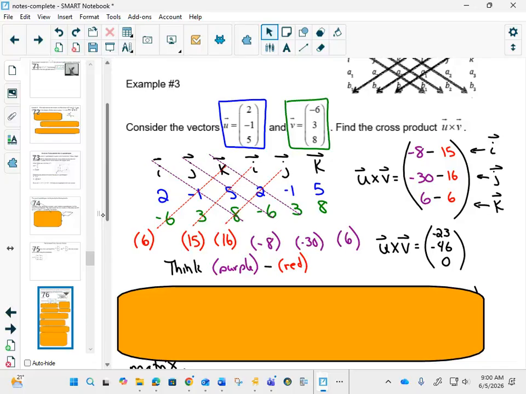And if you did the dot product with both of those vectors and this new vector, you would get 0 both times. Now this isn't a unit vector. If we found out the length of this, we could write that length out in front and write the unit vector afterwards.